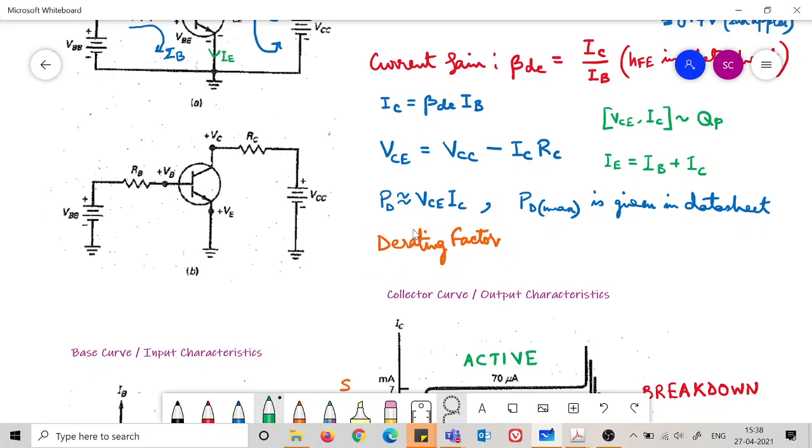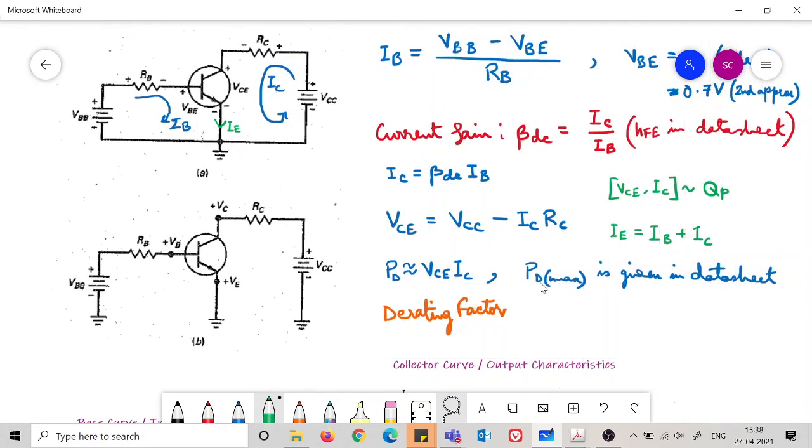There is something called the derating factor. This is an important factor to be considered in transistors. What is the derating factor? This PD max is specified for the normal operating temperature, which is 25 degrees centigrade.